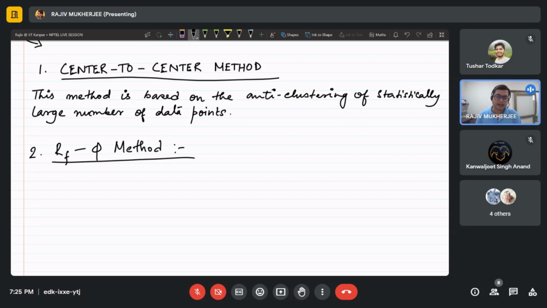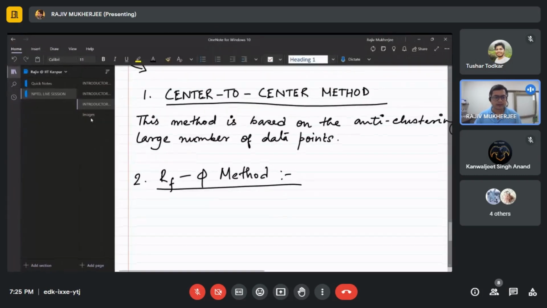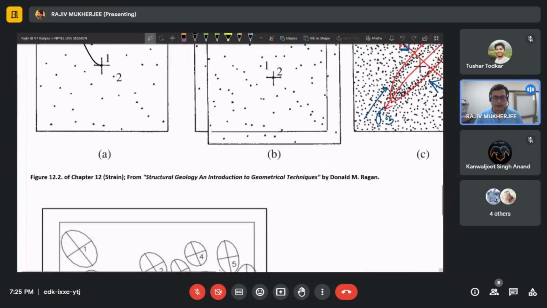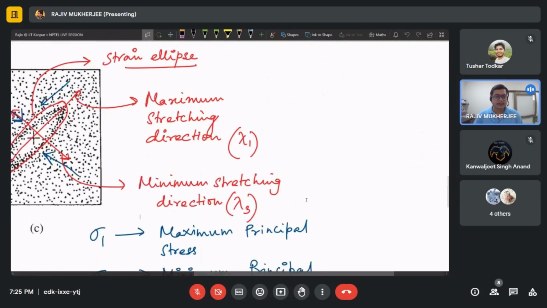But the Rf/phi method deals with, okay, I forgot to mention one thing, I should mention it very quickly: we can not only estimate the direction, but we can also estimate the amount, or the magnitude, of strain as well, right?